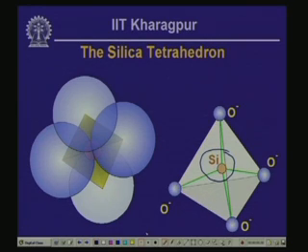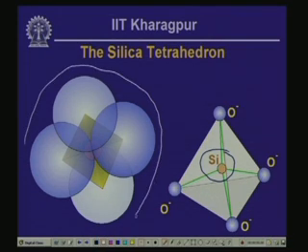Now, if we do that, then the picture that we are going to get is shown on the left side of the slide here. So, this one is a depiction considering the geometry, considering the size of the individual atoms with which the silica tetrahedra is composed.